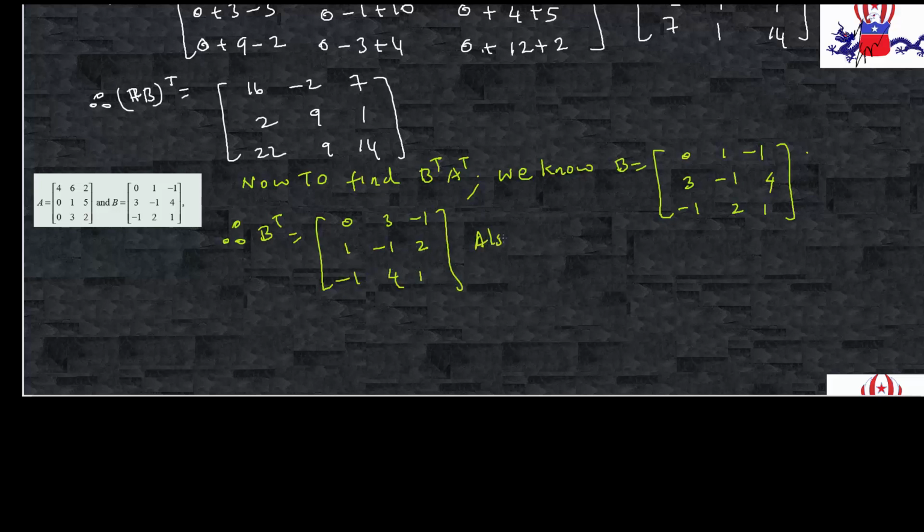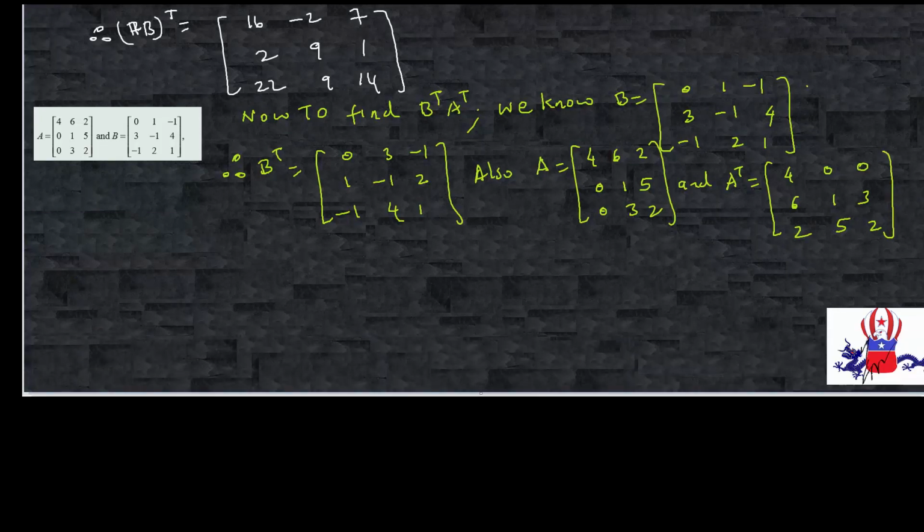Similarly, we know the matrix A given to be [4, 6, 2; 0, 1, 5; 0, 3, 2]. The transpose of matrix A would be [4, 0, 0; 6, 1, 3; 2, 5, 2].